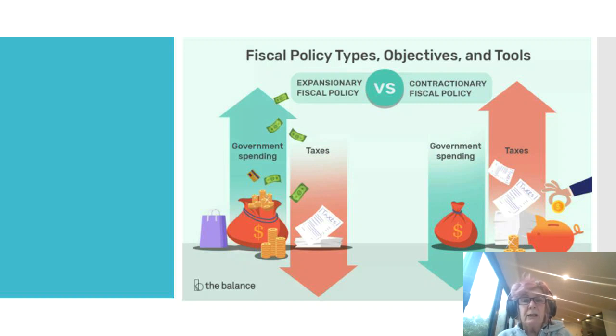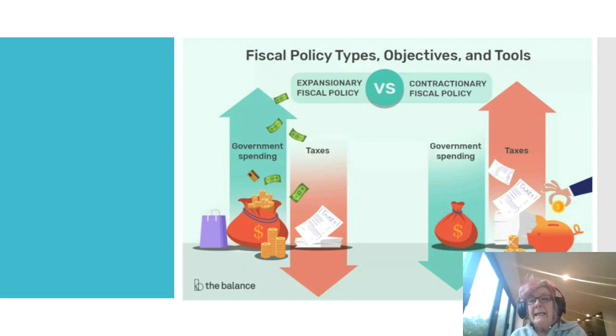The other tool that governments have within expansionary fiscal policy is to reduce taxes. If they reduce income tax, then consumer spending is likely to rise because consumers have more disposable income. If governments try to reduce corporation tax, then business investment spending might rise because businesses now have lower costs.